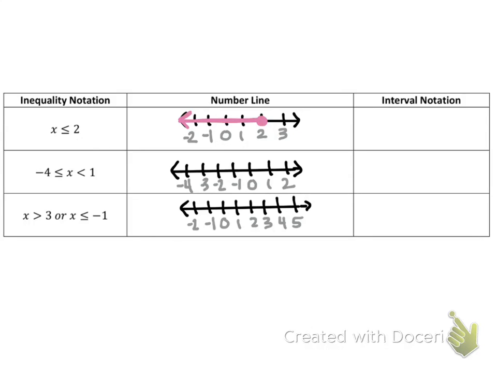So my x values can be any numbers less than 2. Now, where does my graph start and stop? Anything that goes on forever to the left is negative infinity, and anything going on forever to the right is positive infinity.